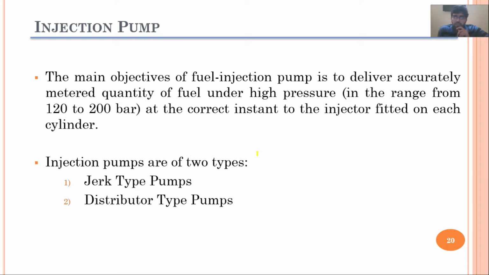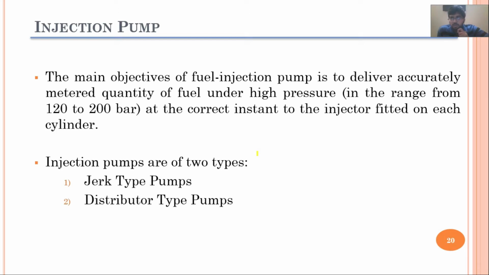As I have mentioned earlier, the fuel feed pumps are basically low pressure pumps and injection pumps are the high pressure pumps. So injection pumps are basically responsible for pressurizing the fuel to that extent from where the injectors are injecting the fuel into the combustion chamber.